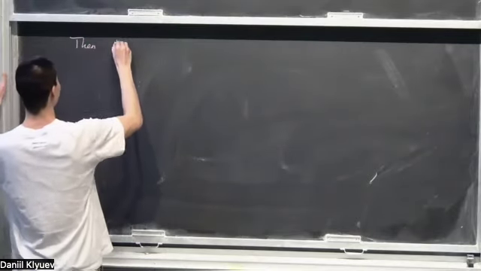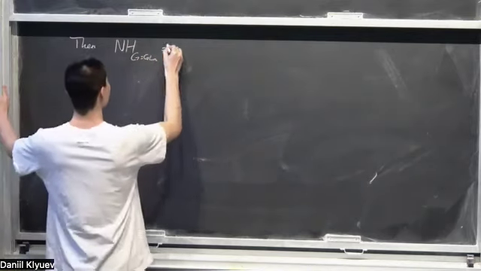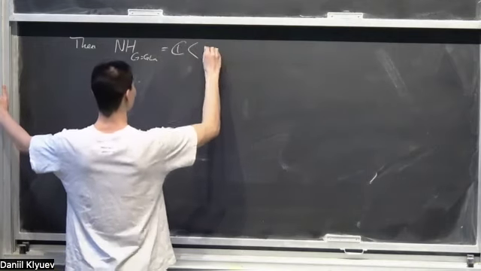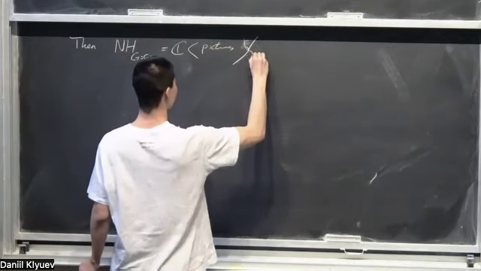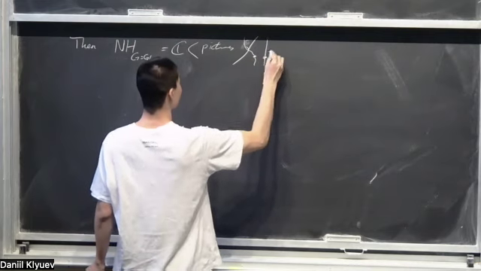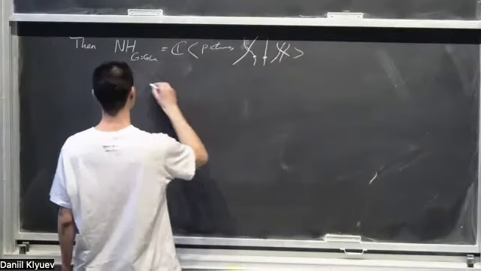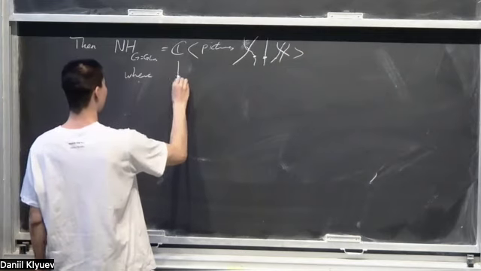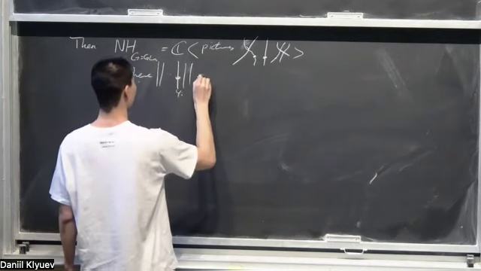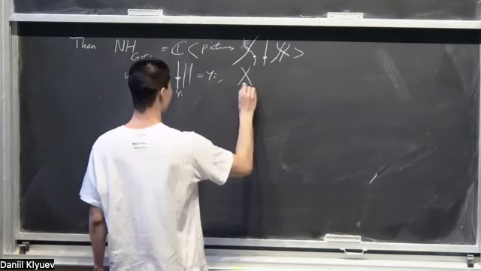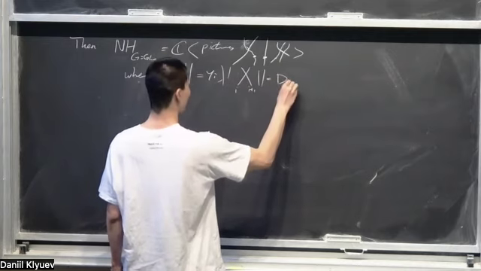Then the nil-Hecke algebra, at least for G equals GL_n, is generated by these pictures that look like crossings and dots, where this dot stands for y_i, and this crossing stands for these D_i's.